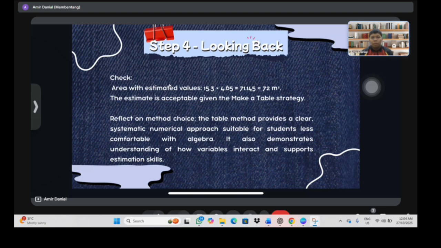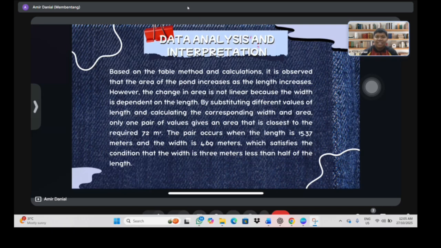So we go through with data analysis and interpretation. Based on the table method and calculation, it is observed that the area of the pond increases as the length increases.